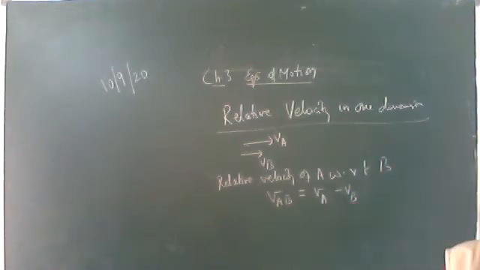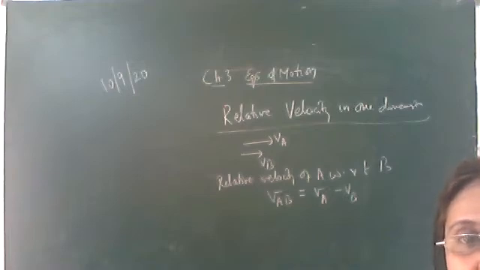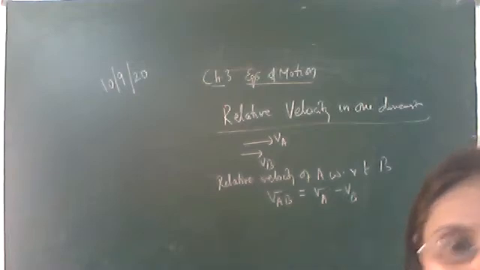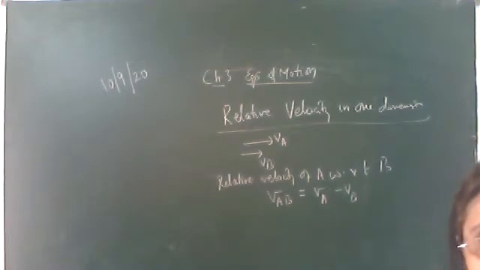Okay, like as we discussed, one car moving with 60 kilometer per hour, the other moving with 80 kilometer per hour. So with respect to the person who is sitting in A, he will see the other car moving at 20 kilometers per hour. Why? Because that car is also itself moving.